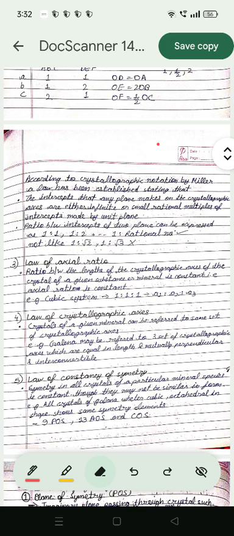Now the next law is the law of axial ratio. The ratio between the lengths of the crystallographic axes of a crystal of a given substance or mineral is constant, i.e. the axial ratio is constant. The lengths of the crystallographic axes of crystals of a particular mineral and their ratio will be constant.